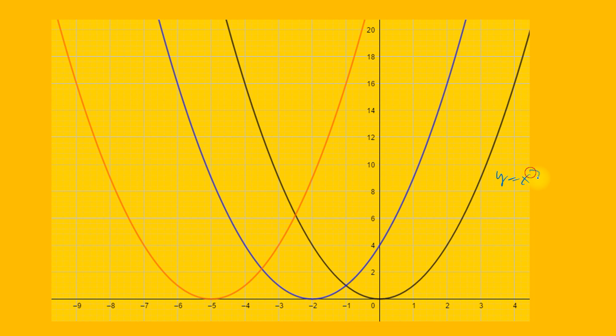That is y1 equals x plus 2 squared, and this one is y3 equals x plus 5 squared. Remember, our default is x minus h, not plus h. So if that is plus 5, it means h is negative 5.